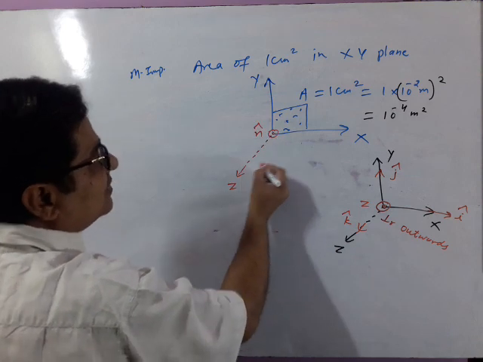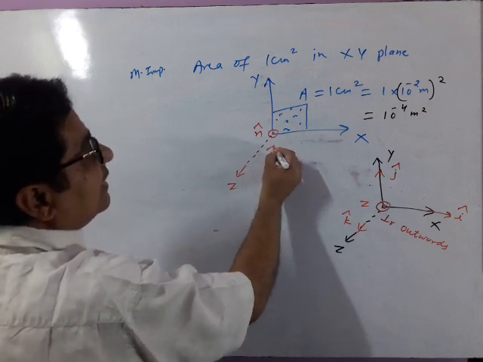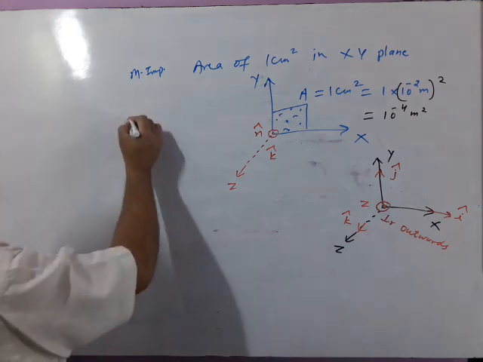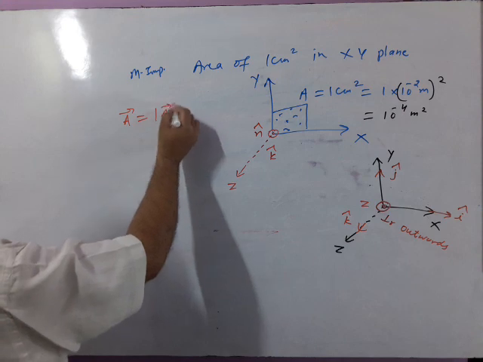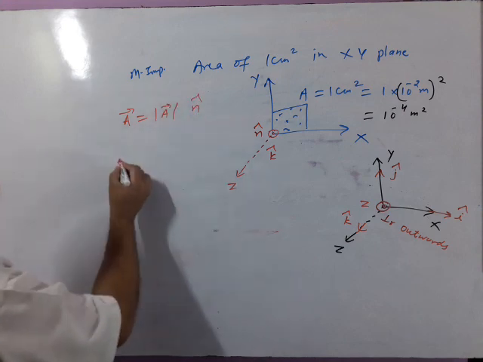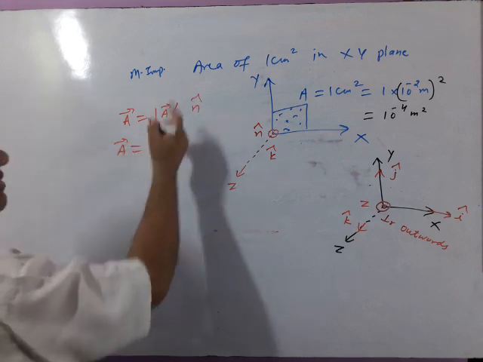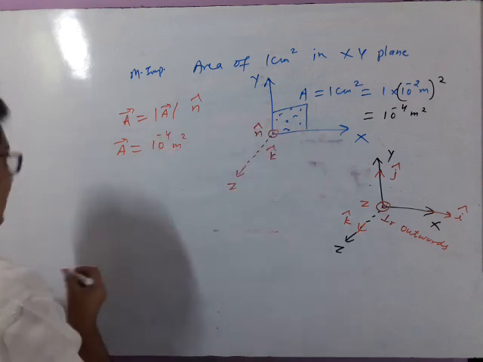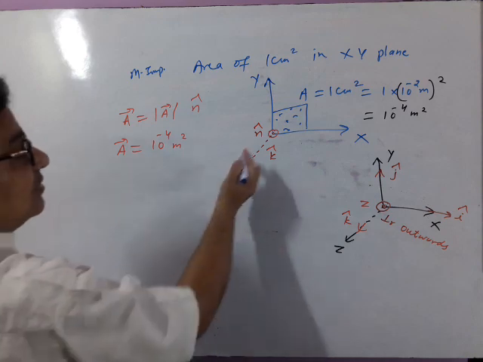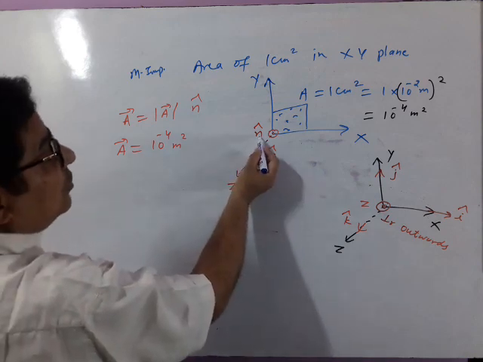So n cap matches with the Z direction, meaning k cap. So we will write this area vector as magnitude of area into n cap. So the area vector for this is 10 raised to the power minus 4 meter square into n cap. So this n cap is the outward drawn normal.